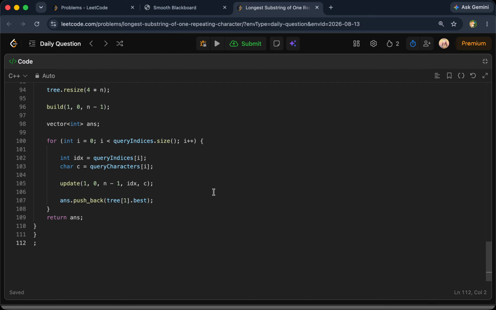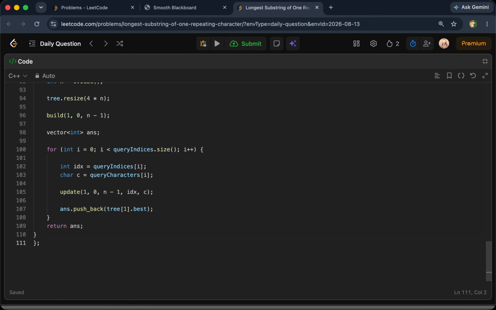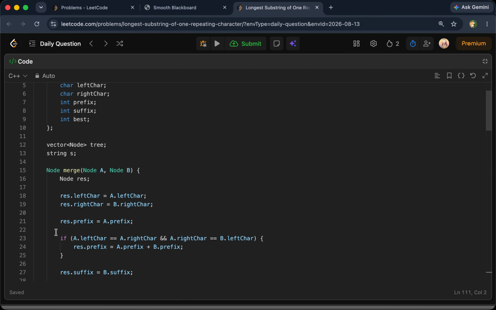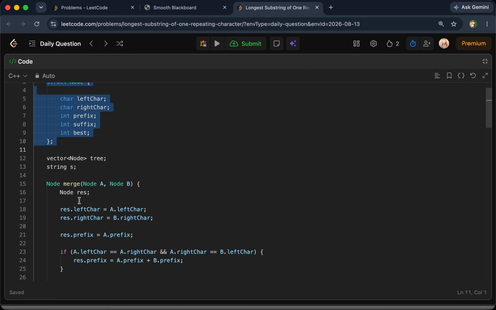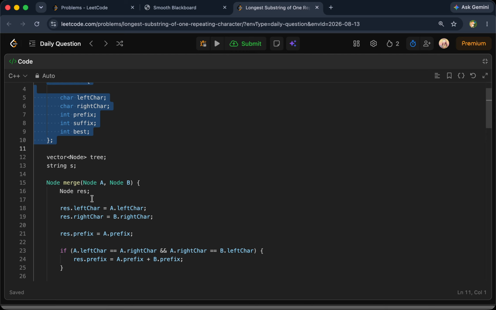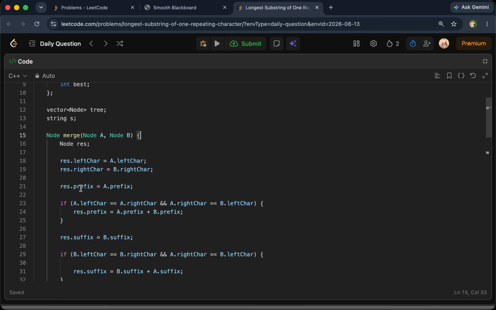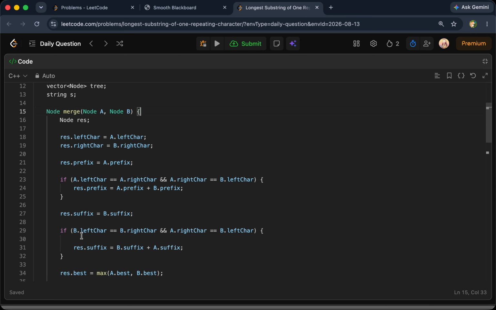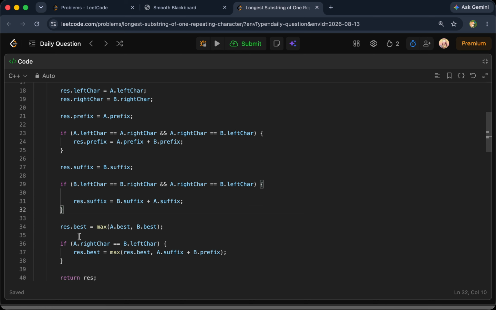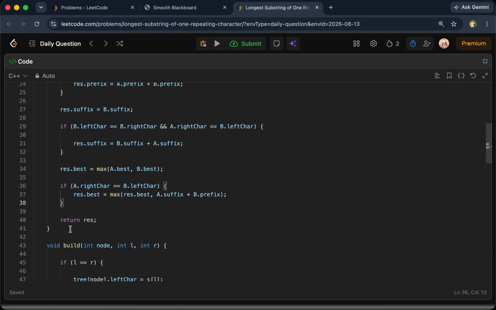So it's, yes, it's good. First structure of node, then tree, then we must store left and right. If the character of a, then suffix plus prefix, then if character for b dot left, then rest if a answer.